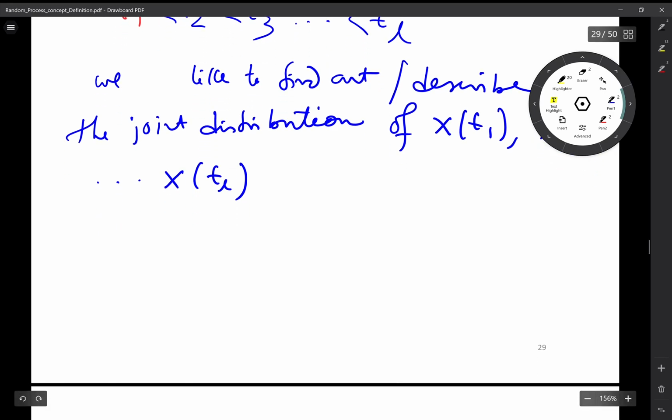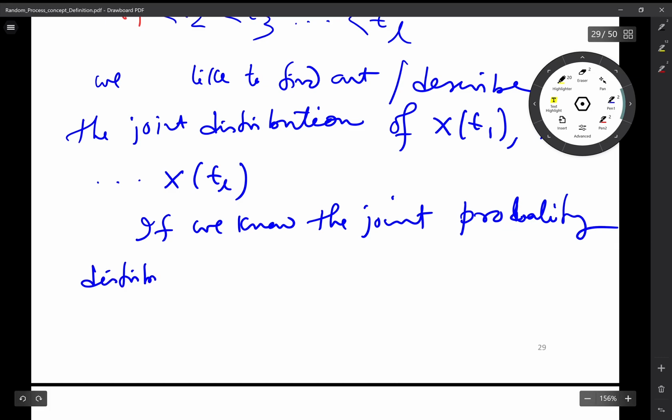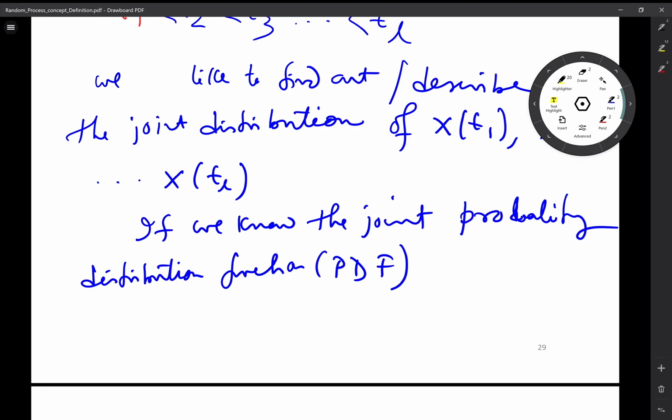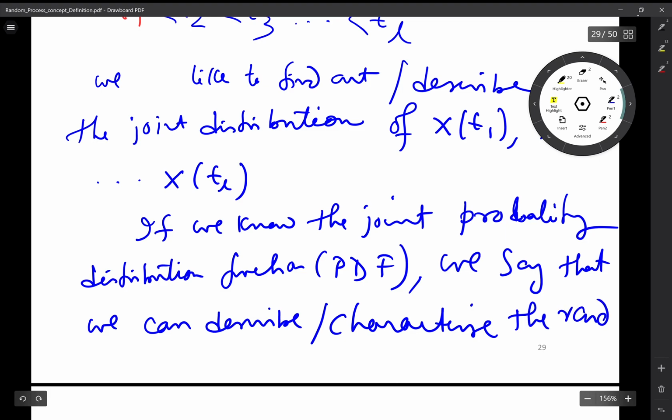If we know the joint probability distribution function, the joint PDF, we say that we can describe or characterize the random process.